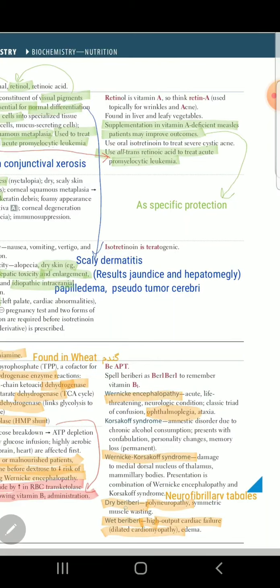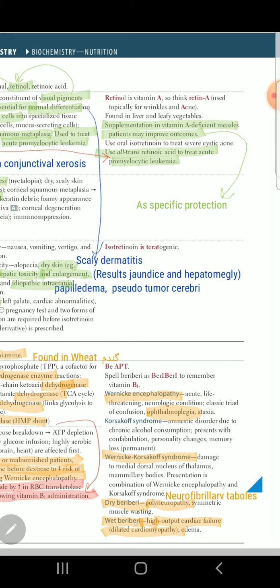Then very important are dry and wet beriberi. Dry beriberi is related to neuropathy, polyneuropathy, and especially in the brain there are neurofibrillary tangles, that is asked. You should add on it here. Neurofibrillary tangles are present; these are also present in Alzheimer disease.